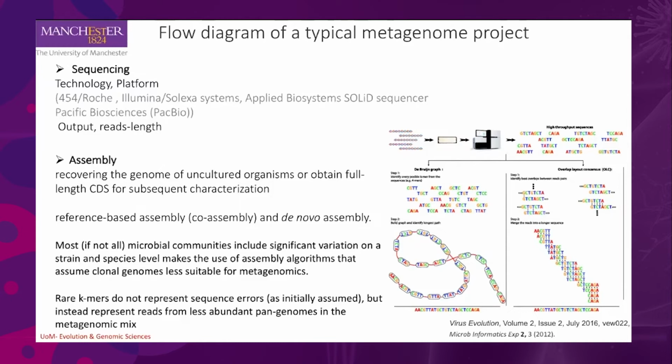The second tip is that rare k-mers do not represent sequence errors as initially assumed, but instead represent reads from less abundant pangenomes in the metagenomic mix. This is particularly important when we are evaluating the composition of metagenomes and trying to rank them based on the abundance of species.